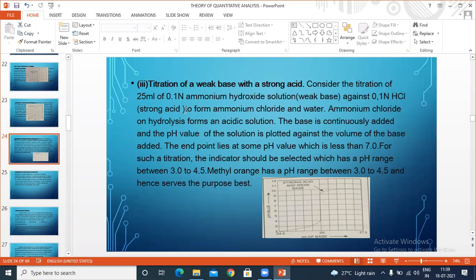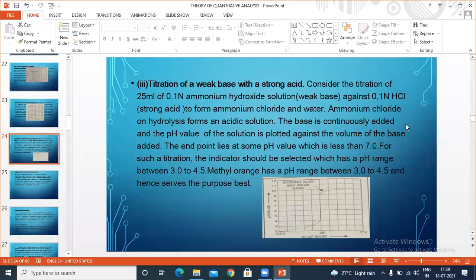Consider the titration of 25 ml of 0.1 M ammonium hydroxide solution, a weak base, against 0.1 N HCl, a strong acid, to form ammonium chloride and water. Ammonium chloride on hydrolysis forms an acidic solution because of the ions NH4+ and Cl-. NH4+ again undergoes dissociation to give H+ and ammonia.